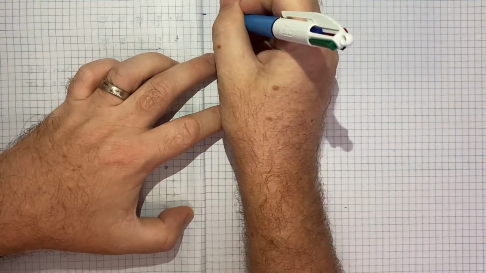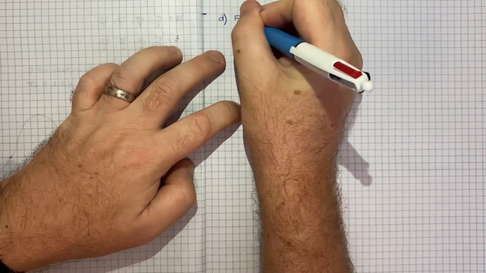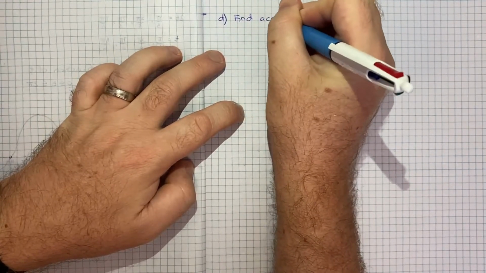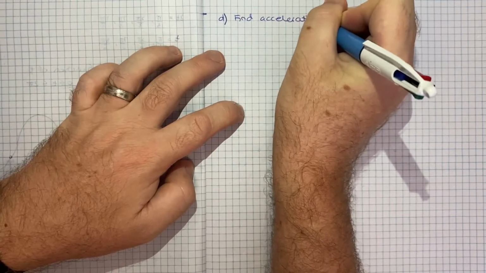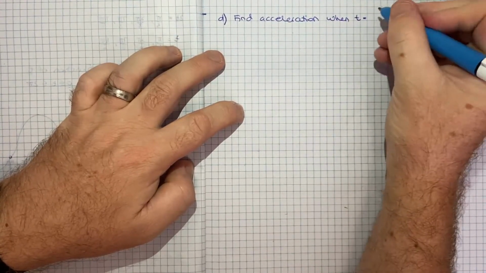So I might turn over just to get some space. So part D wants us to find the acceleration when t is equal to pi on 2.